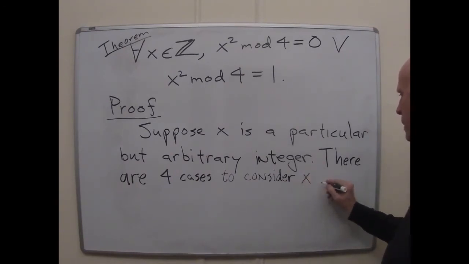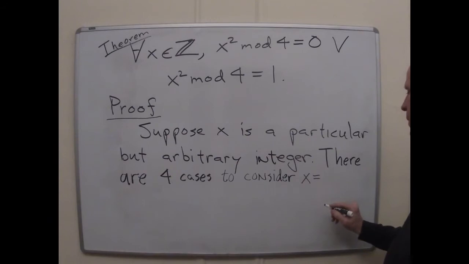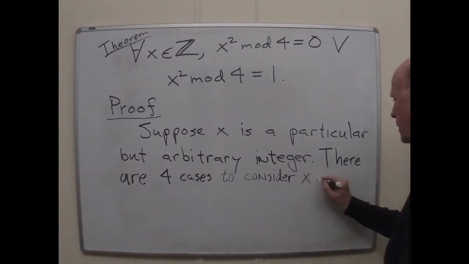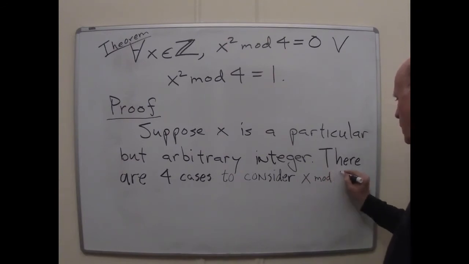x is, well, there are 2 ways I could write this. I could say x mod 4 equals 0.